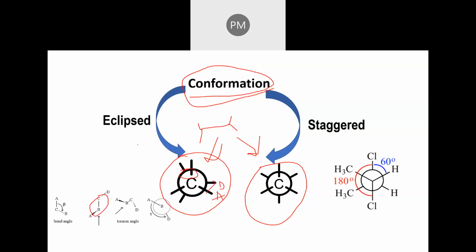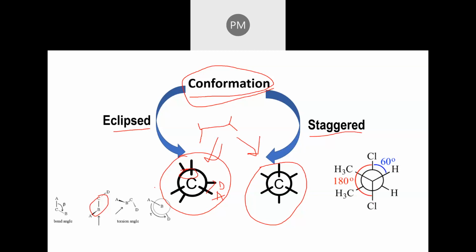If the dihedral angle is minimum, like 0, then our conformation will be the eclipsed conformation, and when the dihedral angle is higher, above 0, then our conformation will be the staggered conformation. Like in that example, the dihedral angle between this chlorine and hydrogen will be 60 degrees, and between this chlorine and chlorine the dihedral angle is 180 degrees.